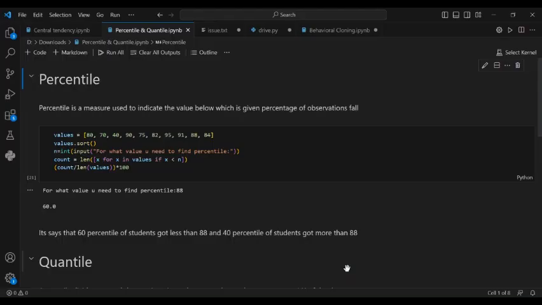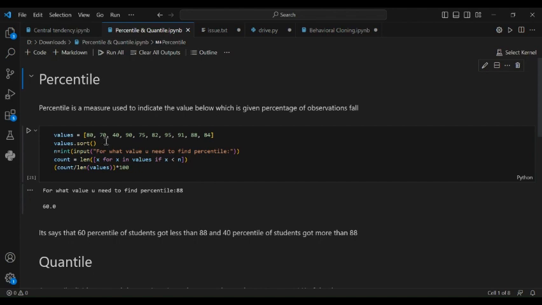I'll be taking the same example that we took in our theory part. The percentile that I mentioned is a measure used to indicate the value below which a given percentage of the observations fall. I took the same example, and the steps I did are: first I sorted in ascending order, and then took the count of values less than a particular value.